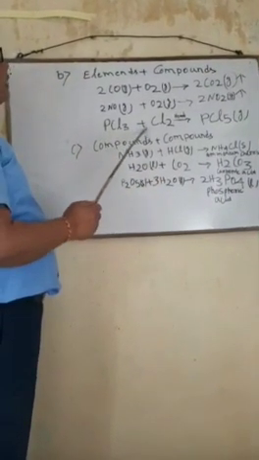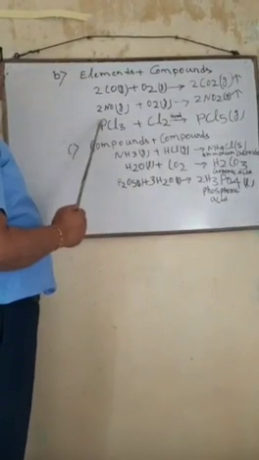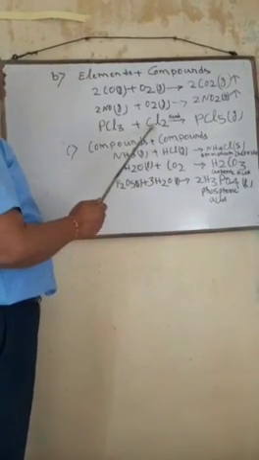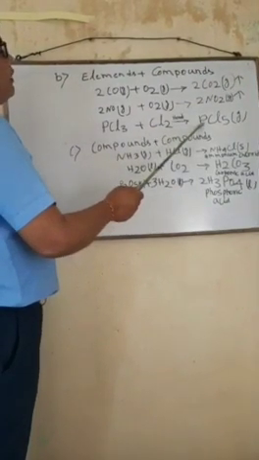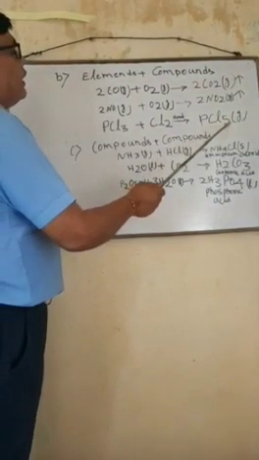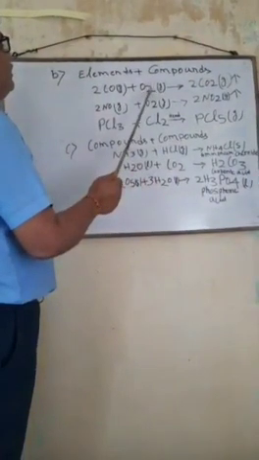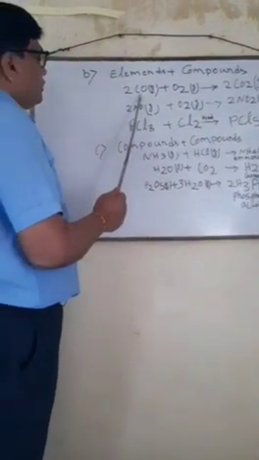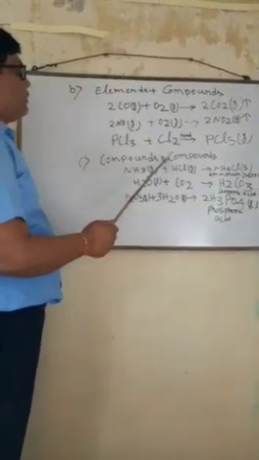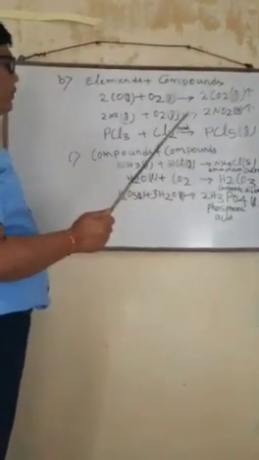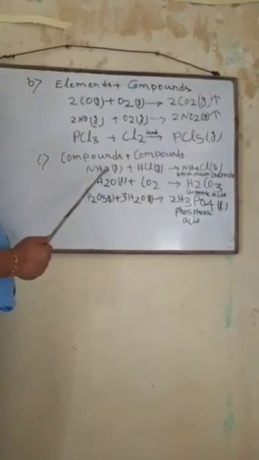Phosphorus trichloride reacts with chlorine to form phosphorus pentachloride. Here one element and one compound. Next, compounds react with compounds to form a product, like NH3.